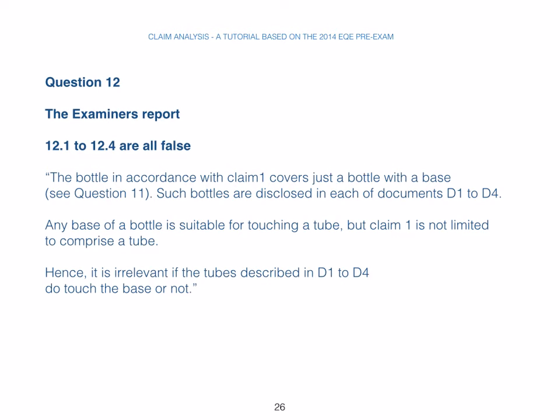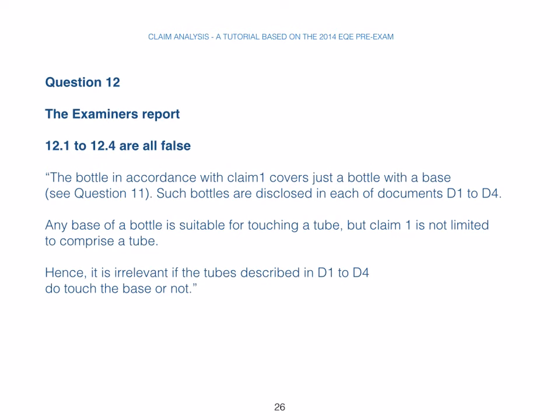If we turn to the examiner's report on question 12, what did they have to say about that? They said here, all answers are false. The bottle in accordance with Claim 1 covers just a bottle with a base, see question 11. Such bottles are disclosed in each of documents D1 to D4.